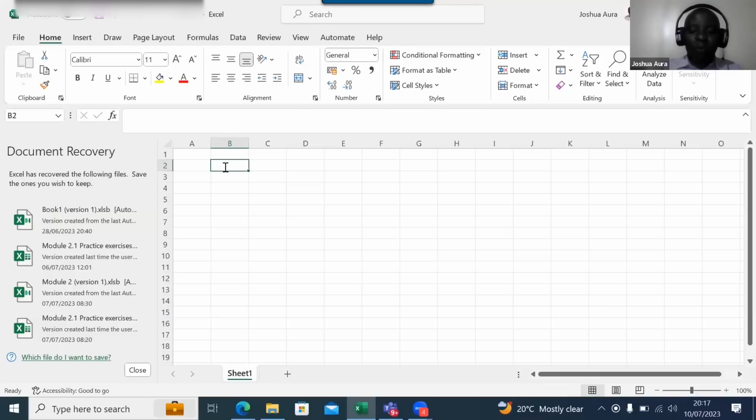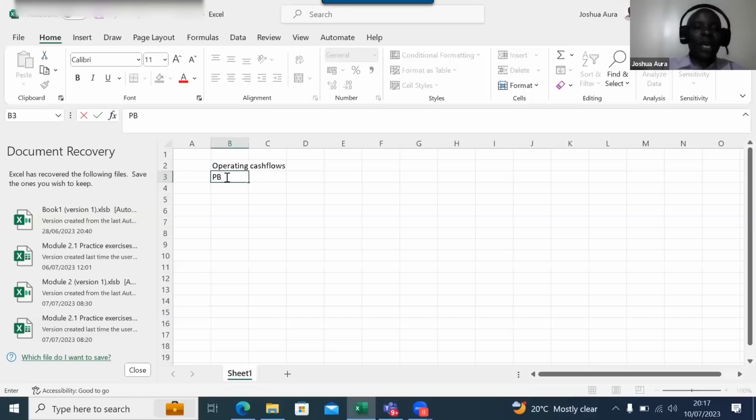We have what we call the operating cash flows, and this is the component that we shall start with. Remember, we must start with the profit before tax. Once you write profit before tax, you simply come down and write adjusted for.